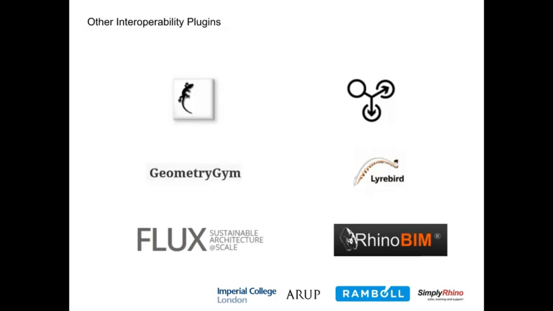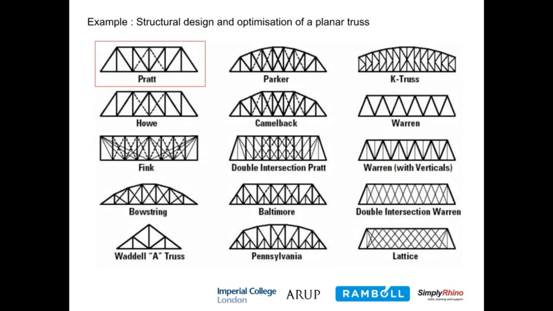There are other interoperability packages, for example, Geometry Gym is similar to Salamander, whereas it connects Grasshopper to other analysis packages. And then there's Flux, which is a data exchanger, and so on. All of these plugins you can find on Food4Rhino and so on.